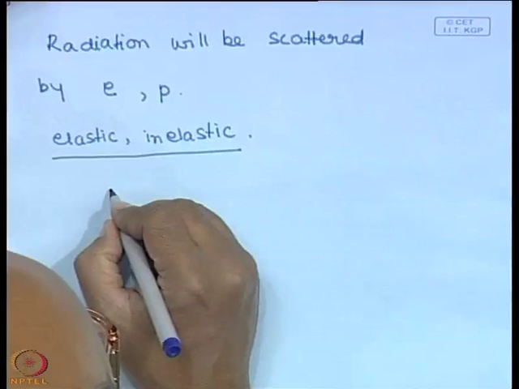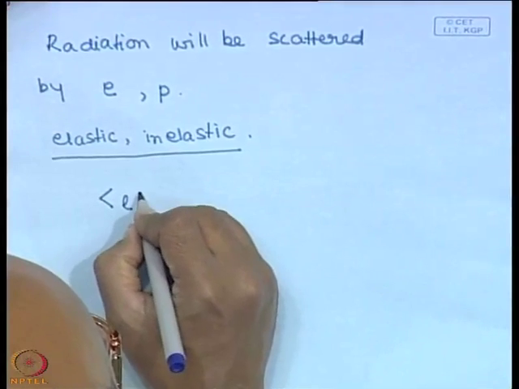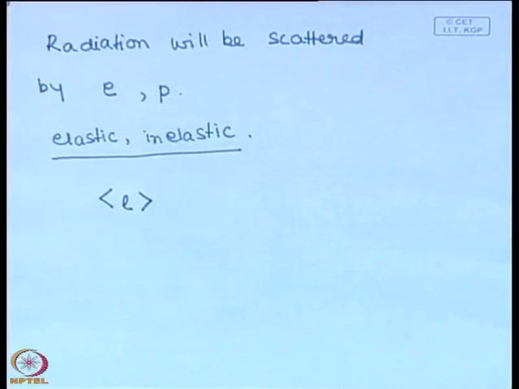Okay. And we know how to estimate the mean free path. We have discussed this quite some time ago when we were discussing radiative transfer. So, the mean free path, which we can denote by L, that is the mean distance over which the photon propagates freely before it encounters a scattering, before it interacts with the matter, right, is decided by where the optical depth becomes unity.